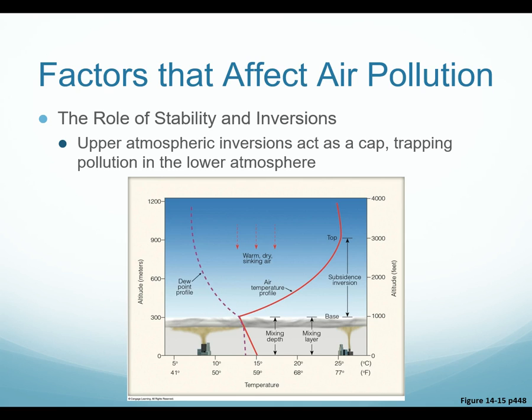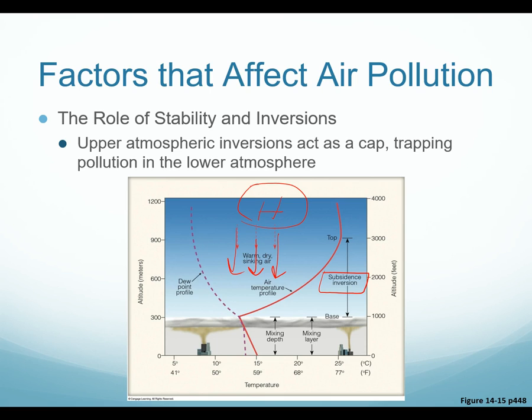So sometimes you may have something called a subsidence inversion. What happens here is the sun heats up the surface enough that you do get an unstable layer right near the surface. But if you have, say, a high pressure system sitting over you, that causes air to sink from above.